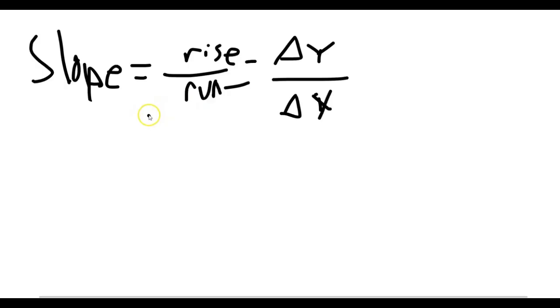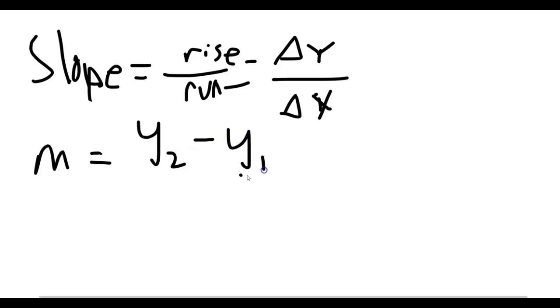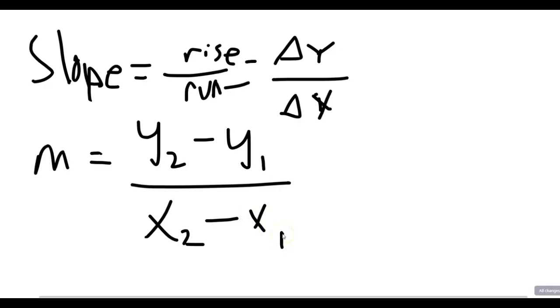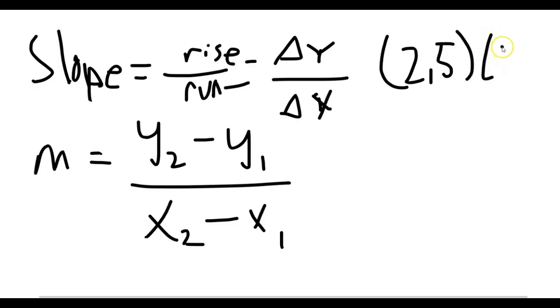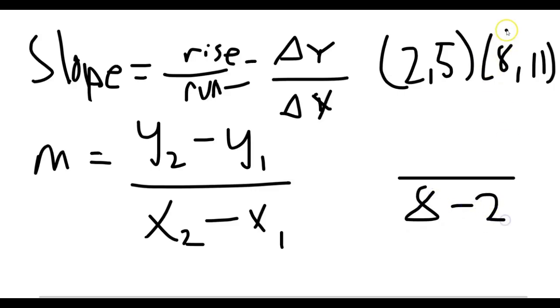For example, we can calculate slope from 2 points using m equals y2 minus y1 over x2 minus x1. So if we wanted to get the slope out of points 2, 5 and 8, 11, the x is down here, so 8 minus 2, because it goes xy.